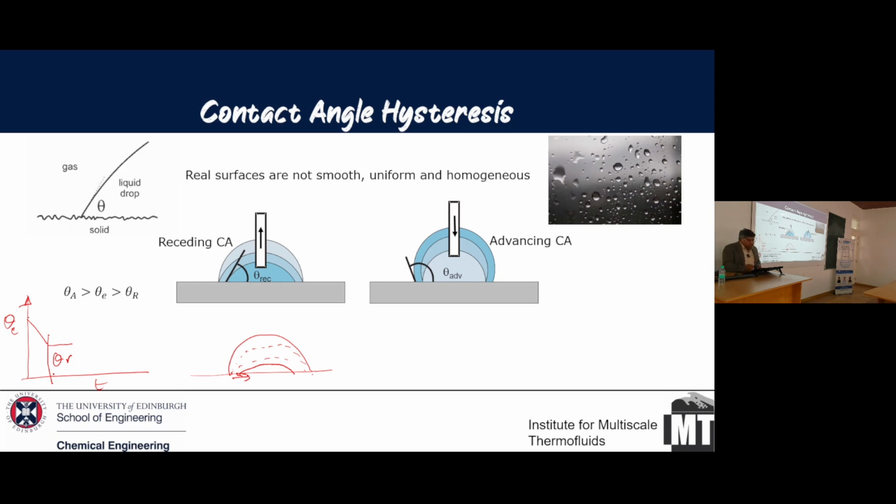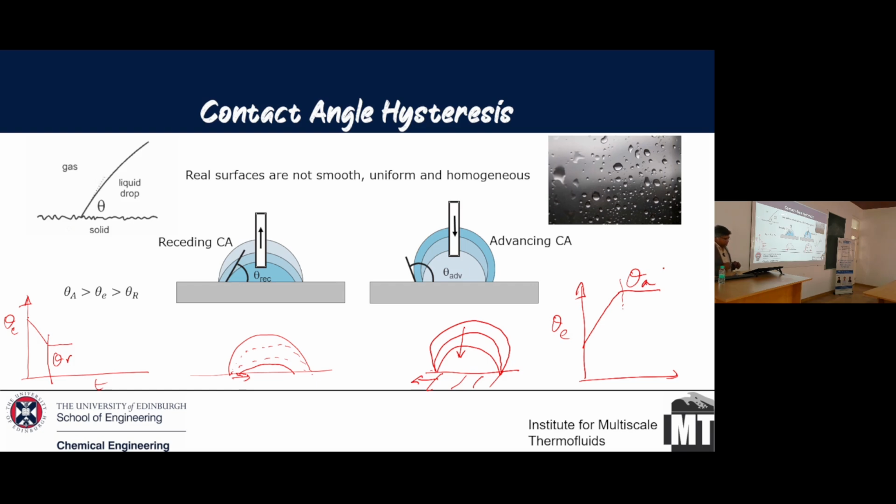The same is true for the advancing contact angle. In that case you're pumping fluid into the droplet. Initially you have a droplet, you start pumping the fluid, so it grows, and after some point it starts moving. This is the advancing contact angle, which increases, and at some point it starts moving. This is the point where you have theta A.